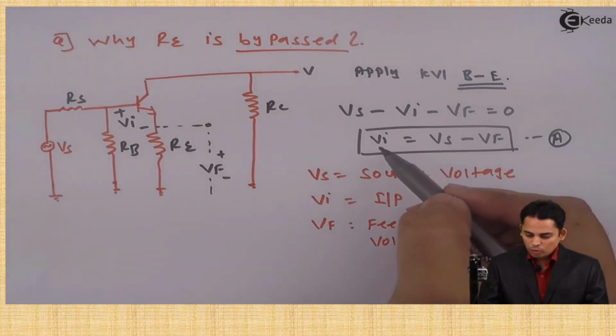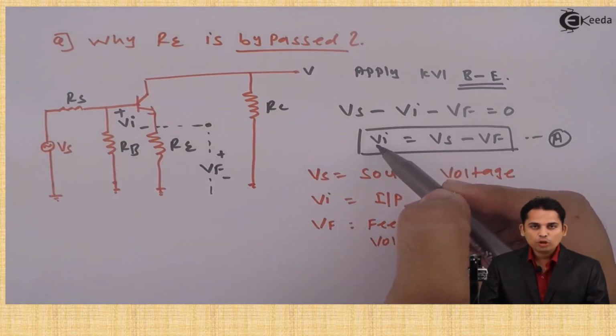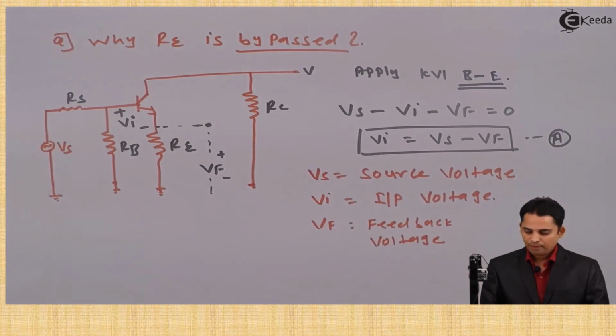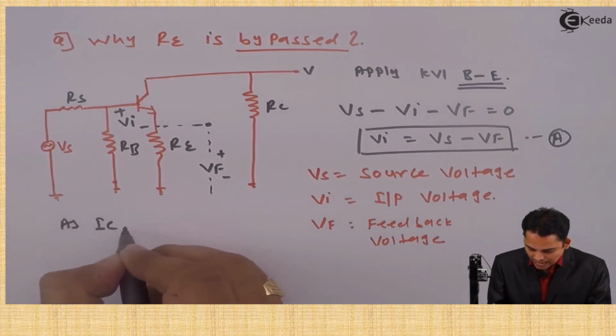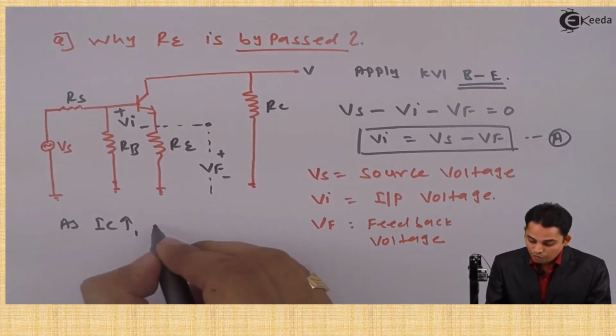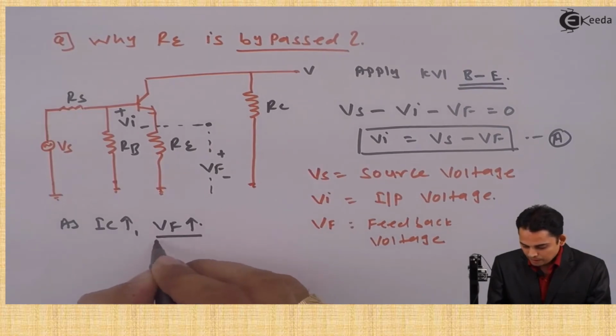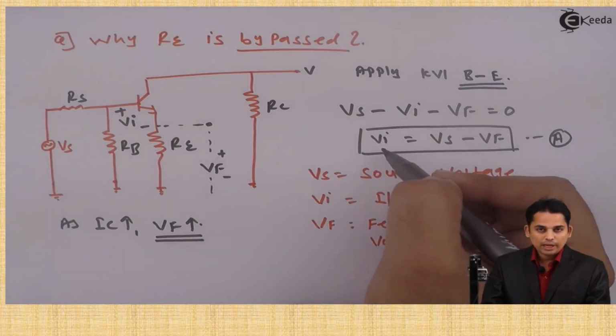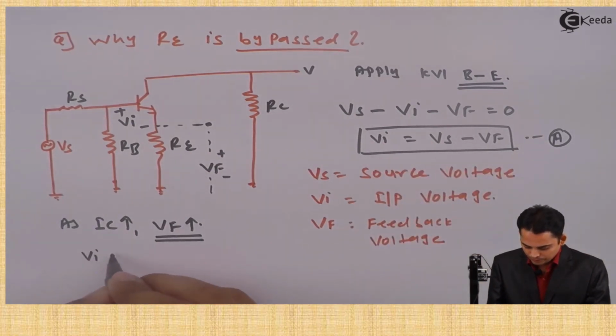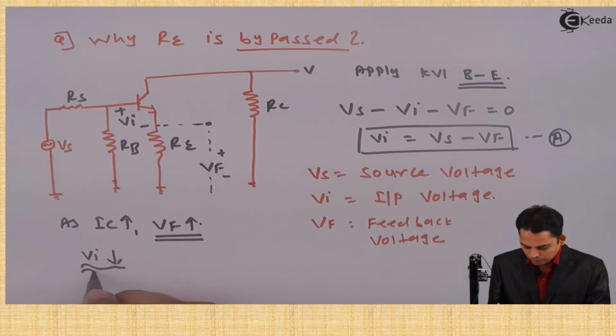In this equation, Vi is actual input to the transistor, which is given by Vs minus Vf. But as IC increases, Vf will increase, and because of which actual input applied to the transistor, that is Vi, will decrease. This is very important point.